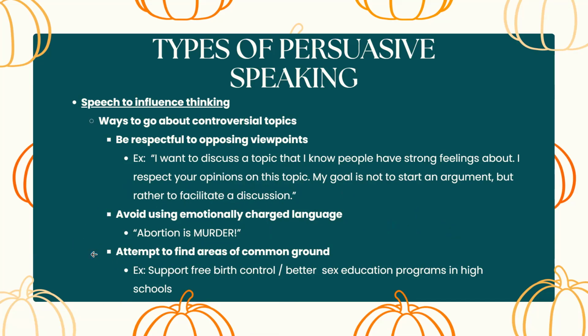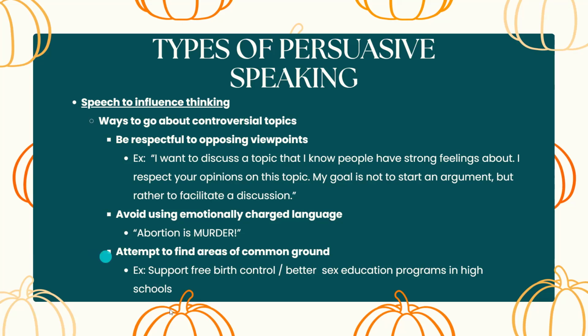Next is to attempt to find areas of common ground. It's less likely, especially with a topic like abortion, that you will change someone's opinion on abortion itself, but you might convince them to support efforts that reduce unwanted pregnancies, such as the availability of free birth control or better sex education programs in high school.